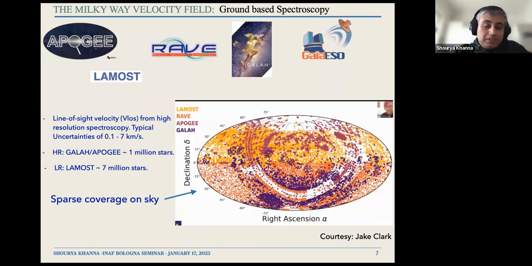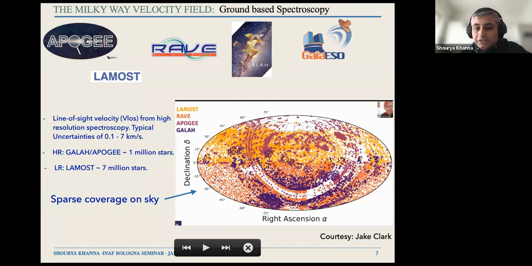Of course, the Milky Way has been surveyed for several years, and in particular, the last decade has been really fortunate, with several surveys looking at the galaxy altogether. However, these are spread across the globe, and so one of the consequences of that is that you get sparse coverage on the sky. You can, of course, go much fainter depending on your instrument's capabilities.